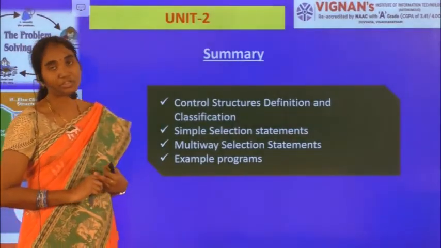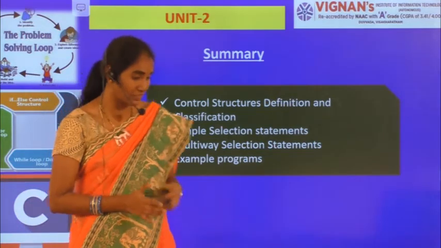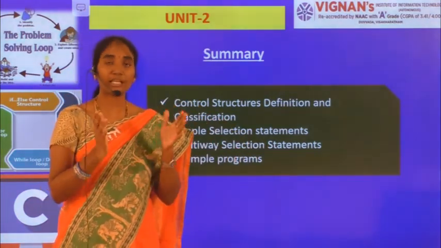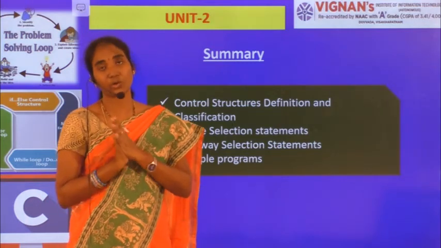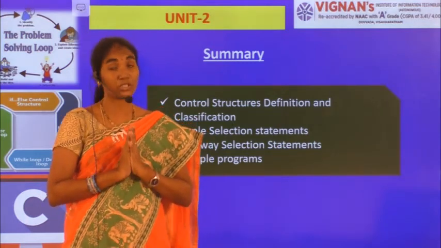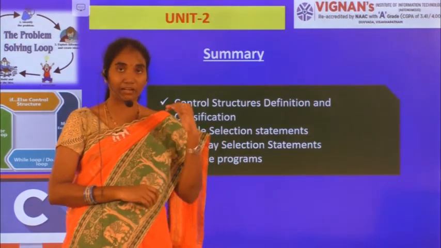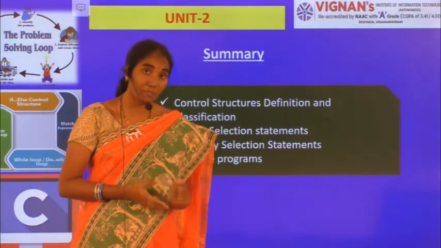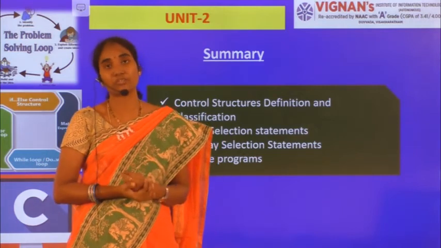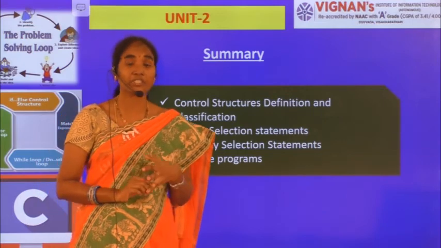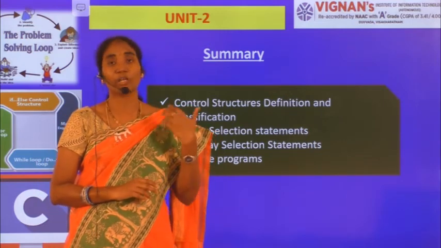Now coming to the summary. Today we have seen control statements or control structures. Both are the same: control structures in C or control statements in C. Basically the control statements are used for specifying decision making statements and repetitive statements, and jumping from one block of statements to another.